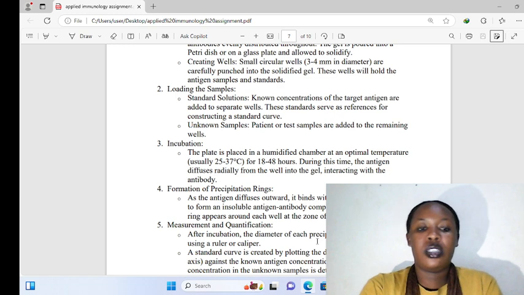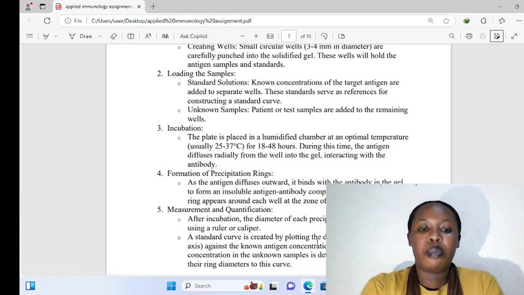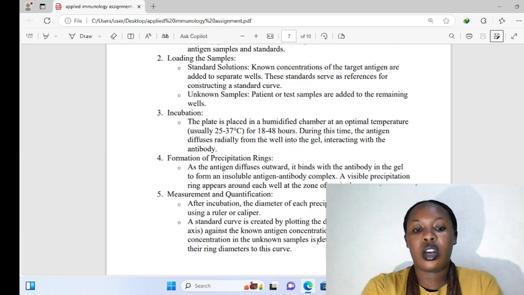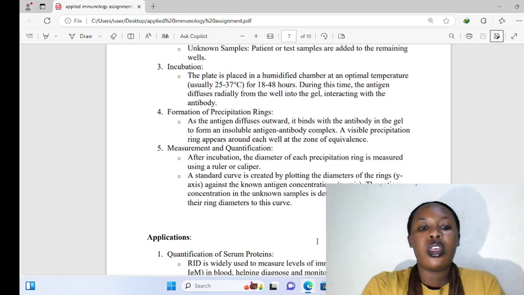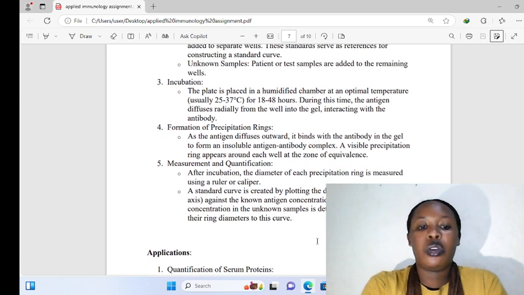The second procedure is loading the sample. Standard solutions of known concentration of target antigen are added to separate wells. These standards serve as reference for constructing a standard curve. And also the unknown sample, the patient or test sample, is added to the remaining wells. The third one is incubation.